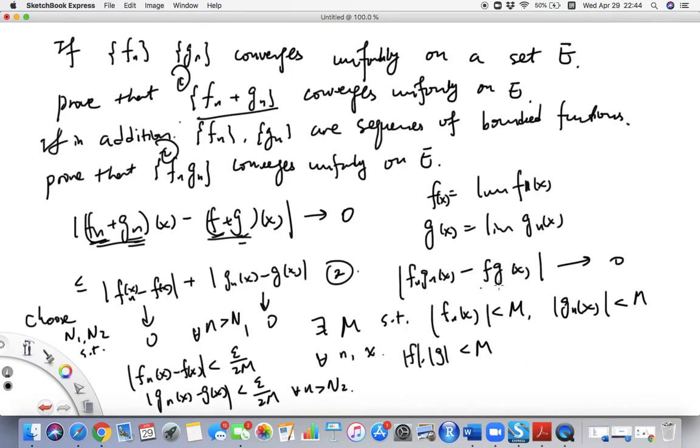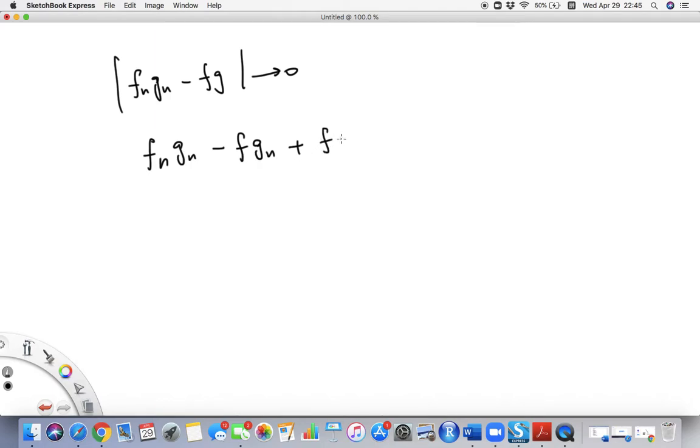And then we want to show this goes to 0, right? So maybe let me erase this. We want to show fn gn minus fg goes to 0. Here's one trick that we usually do. We want to bridge in between. So for fn gn, we first subtract f gn, and then we add it back, and then we use the triangle inequality.